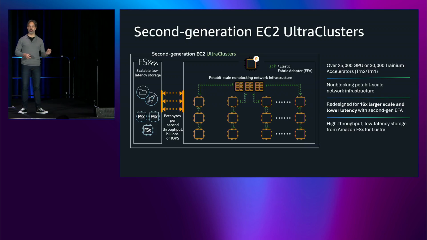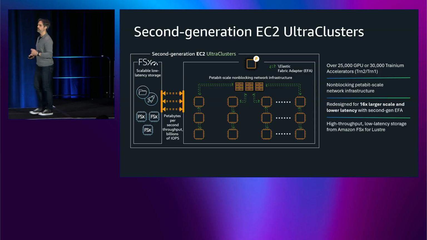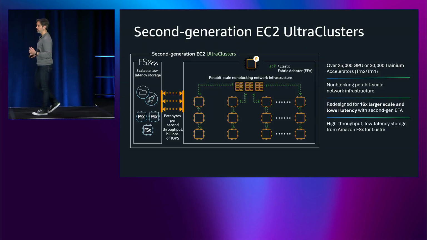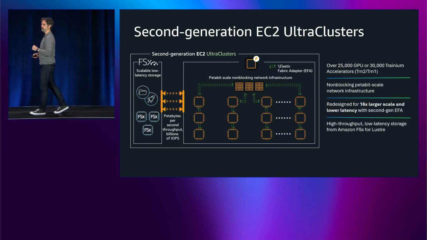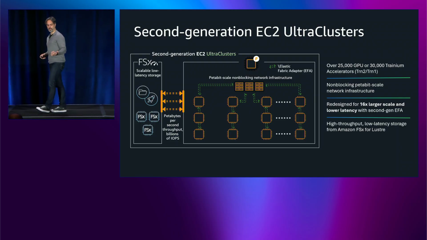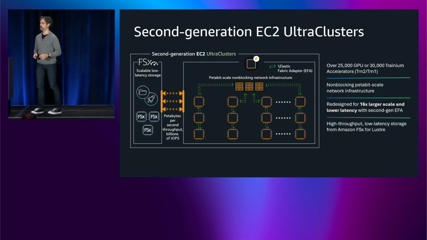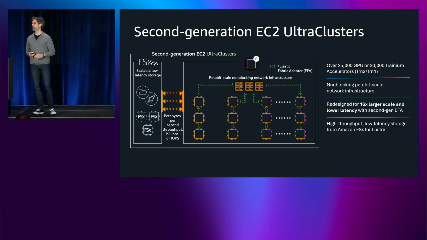Not only that, but Ultra clusters also bundle storage together, because you want compute close to the data. You want to bring those data sets close to the GPU, and you need to save the checkpoints as fast as possible. Ultra clusters connect Amazon FSx for Lustre on that single spine as well, so you get all of that performance.